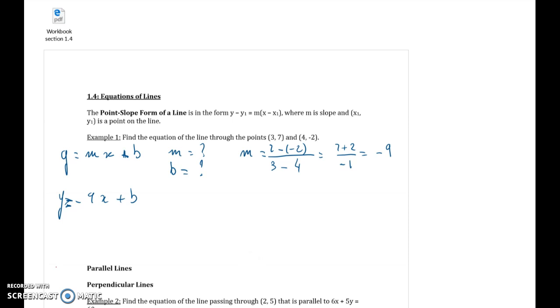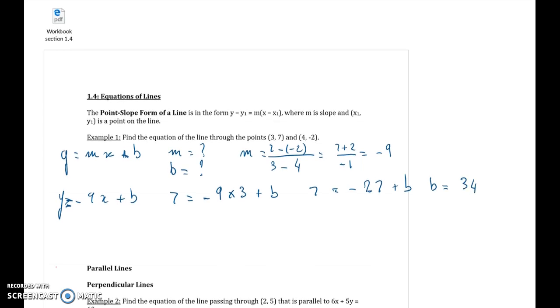So 7 equals negative 9 multiplied by 3 plus b. 7 equals negative 27 plus b. I add 27 to both sides and I end up with b equals 34.